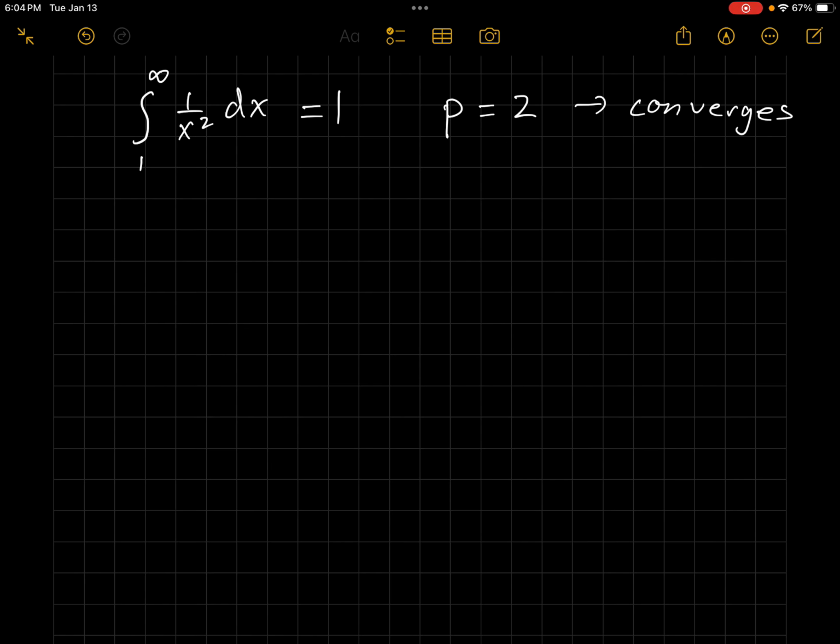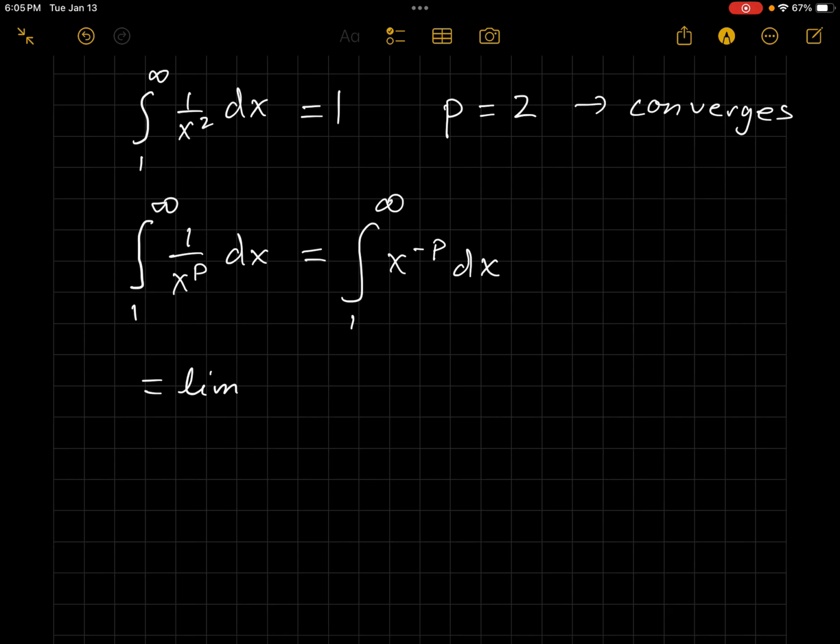I'm going to do the general case first, and we'll see a couple examples to show that it works. But I just want to talk theoretically about it before I do some specific examples. So if I'm going to find this antiderivative, which I'm going to rewrite as x to the negative p, now, I will do the technicality like this just to remind us that we should, although it doesn't really affect the theory of it.